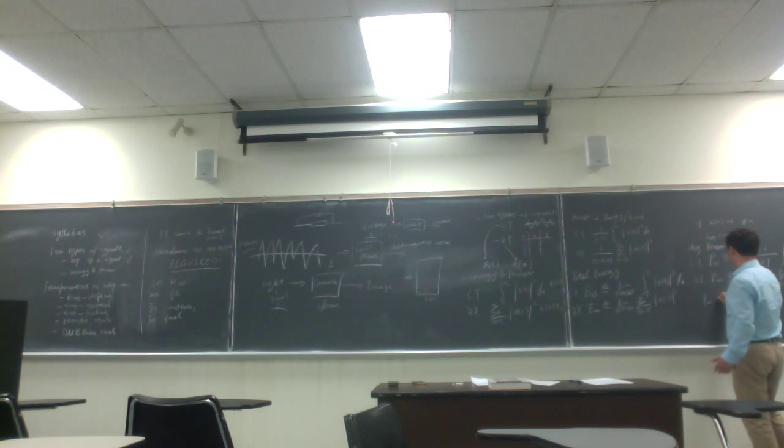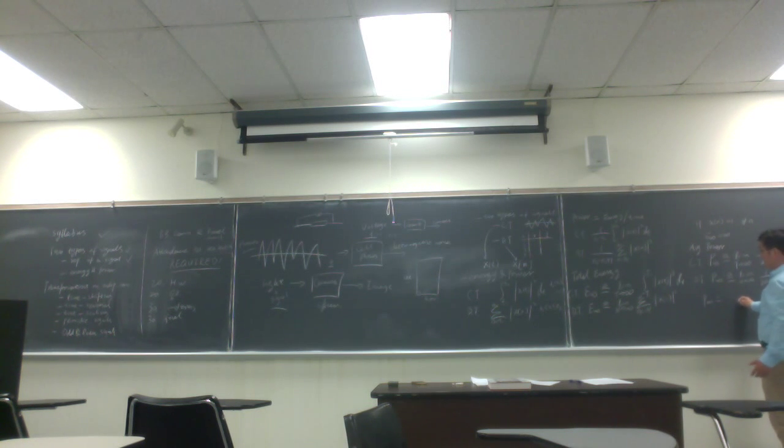Its average power, using this definition, as N goes to infinity, is 1 over 2N plus 1 times the sum from minus N to N, and including the 0, of 1, so it will be 2N plus 1.